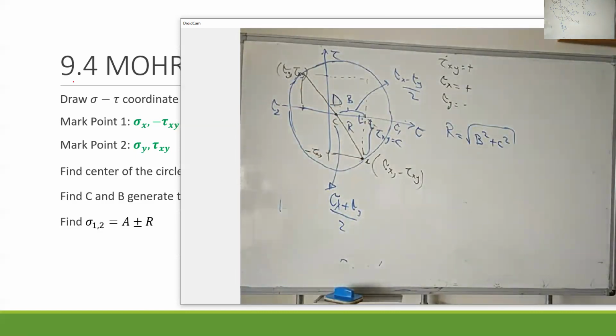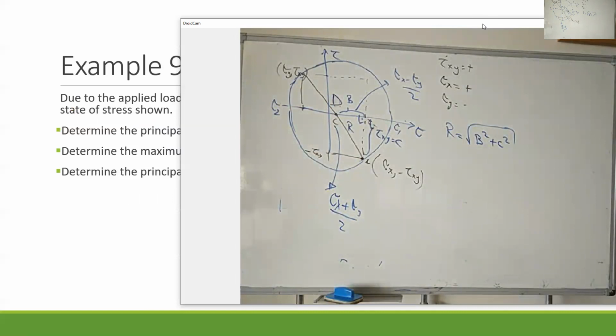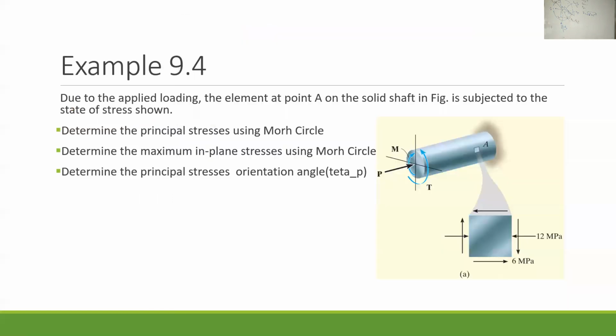So let's continue with the example. First of all, read the example. Due to applied axial loading and moment, on point A we have an infinitely small element.